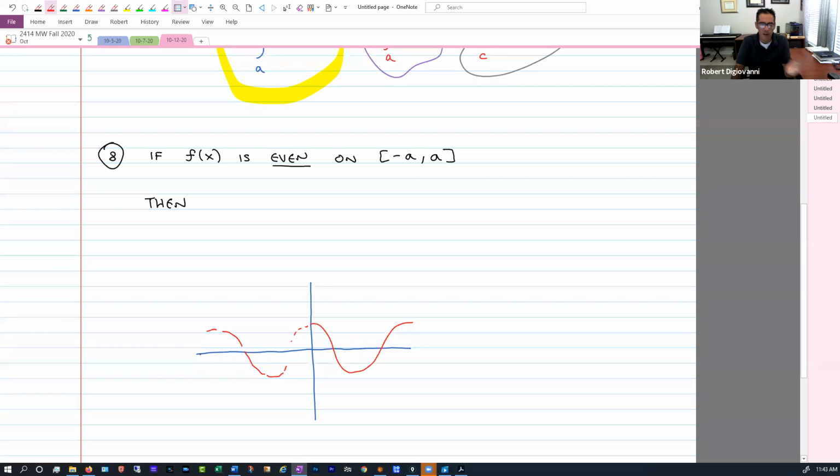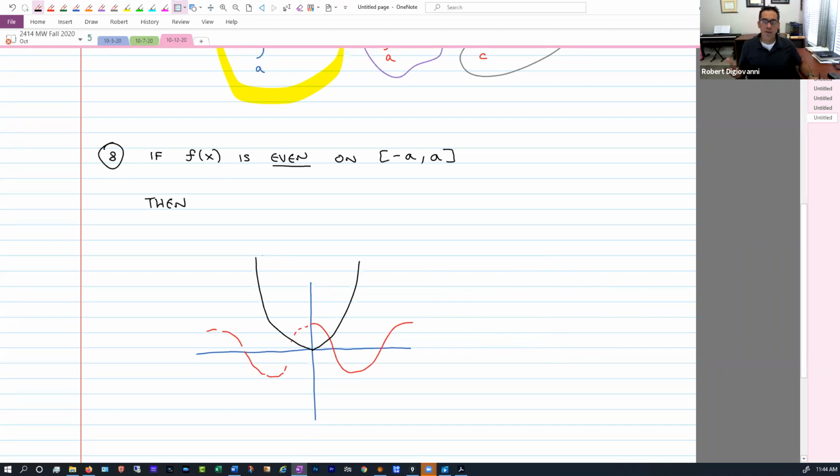Does that work for sine? If I take this sine here and reflect it over the y-axis, that is not the sine function, right? So it doesn't work for sine, but it works for cosine. And then there's other functions that are even, like parabolas, right? X squared. If I graph x squared, the right side looks like this and the left side is a reflection of it over the y-axis.